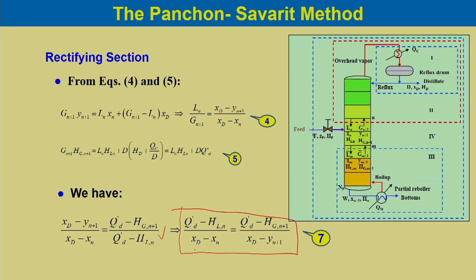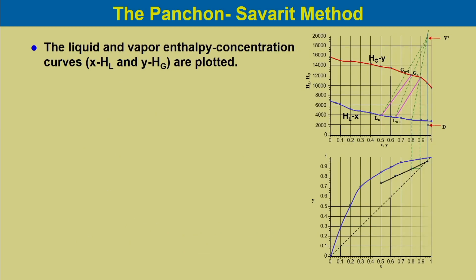We will try to understand the significance of equation 7, which we have derived for the rectifying section. The liquid and the vapor concentration curves, that is HL-X and HG-Y, the enthalpy concentration diagram similar to the one which we discussed earlier, can be plotted.